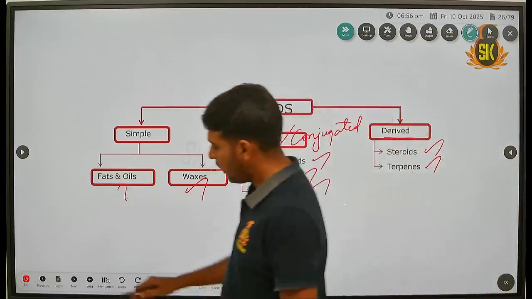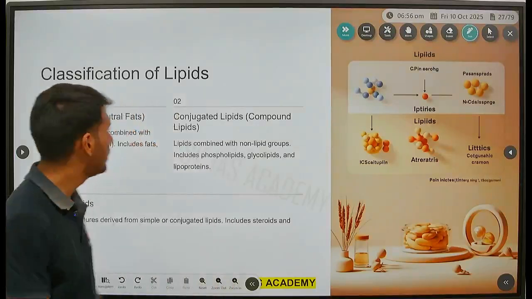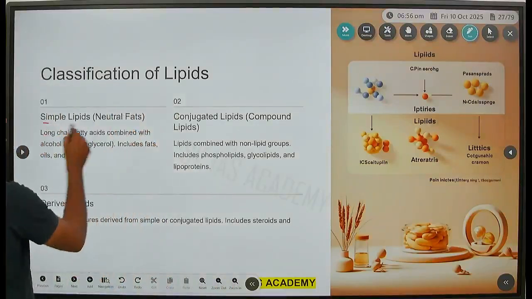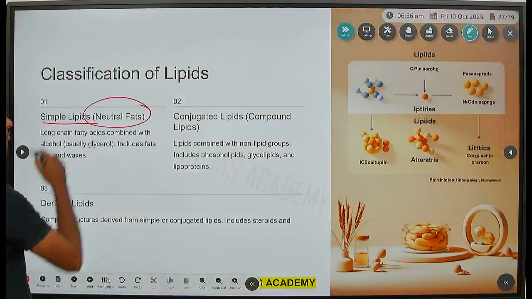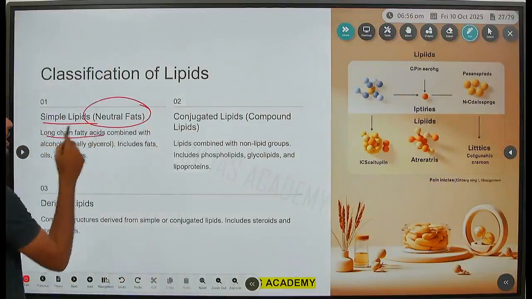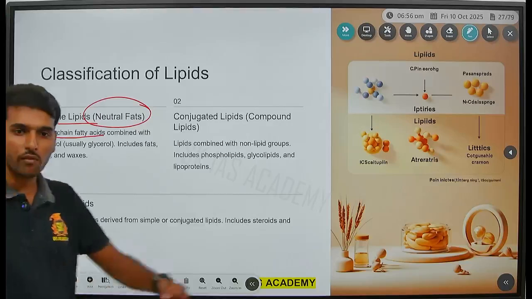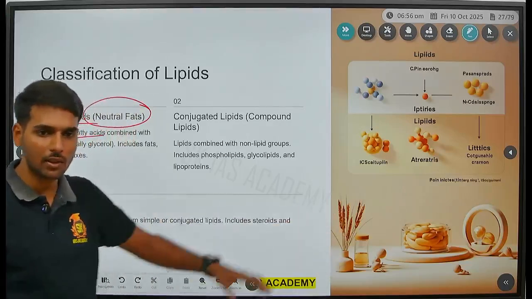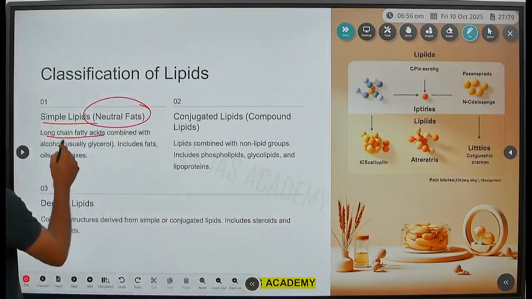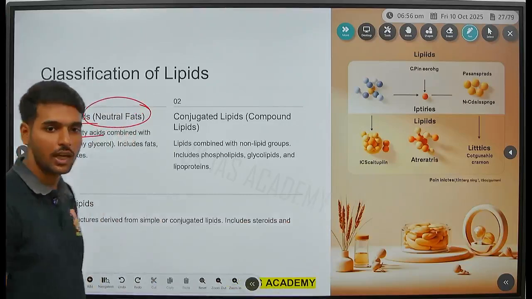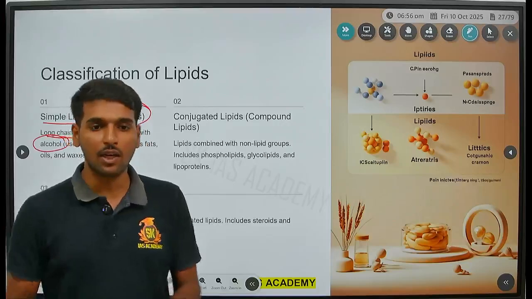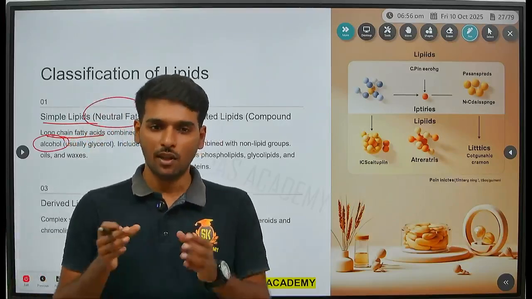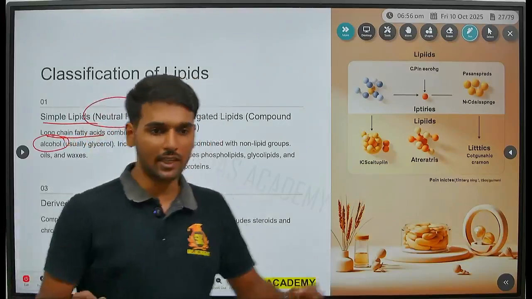Now this simple lipid is also known as a neutral fat. It is a long chain fatty acid, a carboxylic acid, combined with an alcohol. So fats are nothing but esters of alcohols and fatty acids.